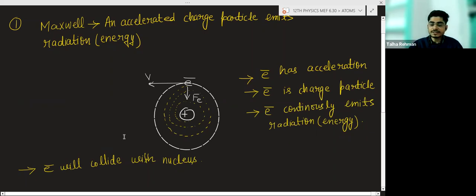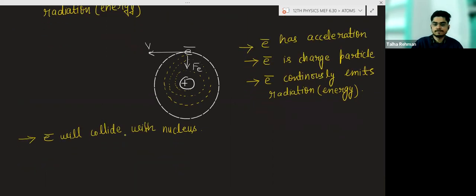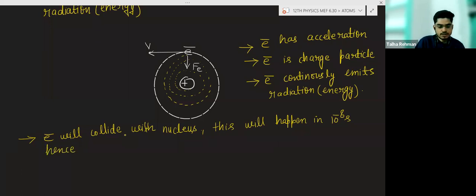It will fall into the nucleus in 10 to the power minus 8 second. Hence, the atom will not be stable.